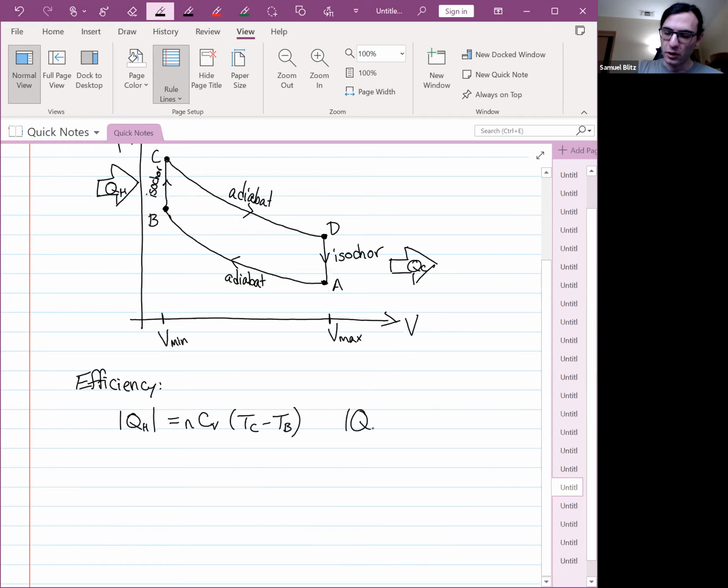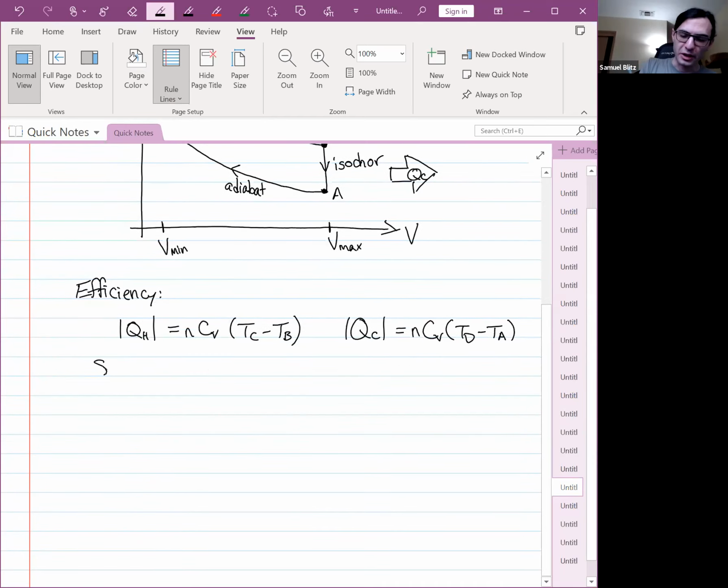Similarly, the heat that flows out also flows out during a constant volume process. So this would be nCV times Td minus Ta. If you wanted the correct sign instead of just the absolute value, you would do Ta minus Td, but we're just looking for absolute values here.